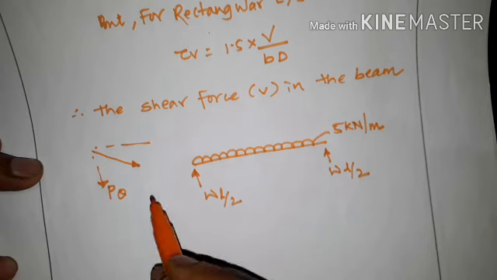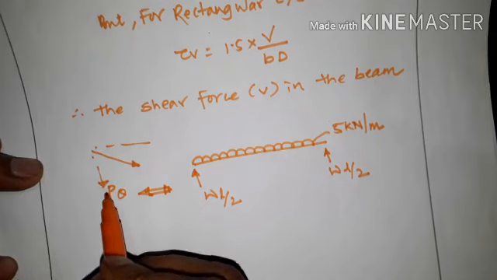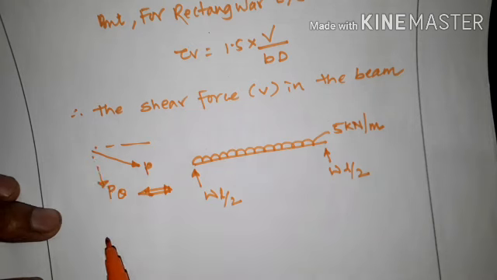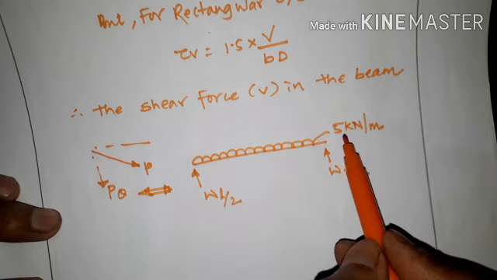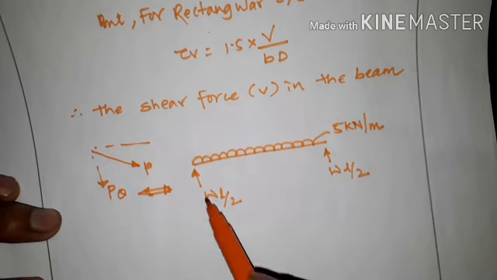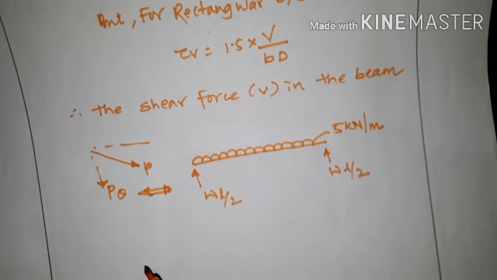So here, if I consider the vertical component of P, that is P theta acting downward, and the reaction developed because of the 5 kilonewton per meter load acting upwards, the summation of these two will be the design shear force in the beam.